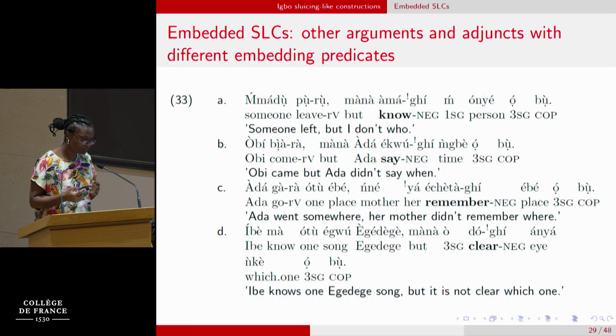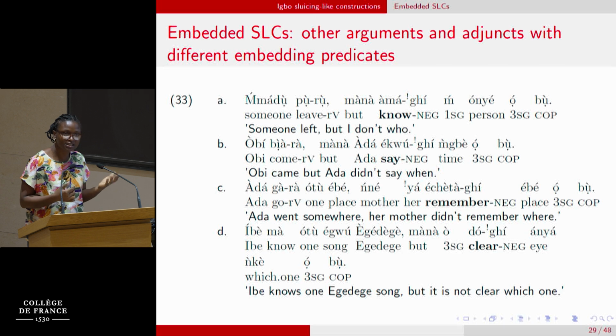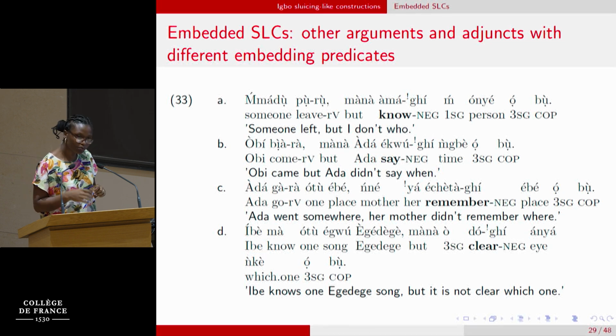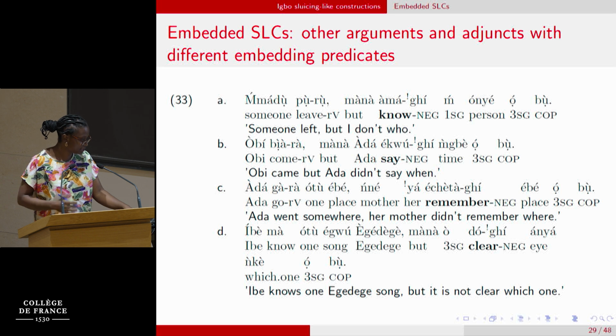This is very important because it has been shown, for instance in Gungbe, that some predicates tend to go with sluicing inside relative clauses, while some tend to go with focus elements. But in Igbo, these are similar no matter the kind of predicate used.